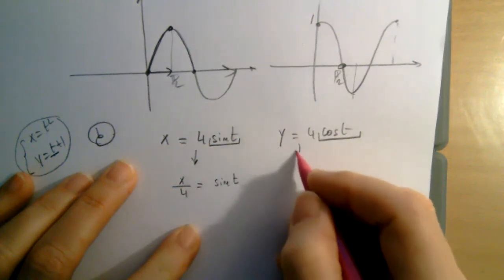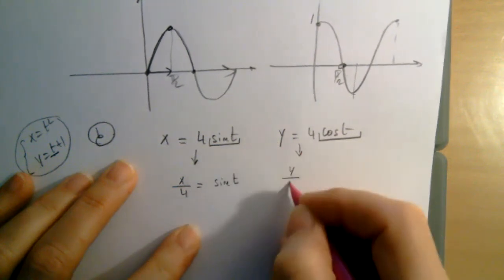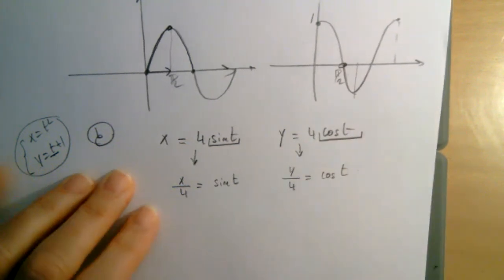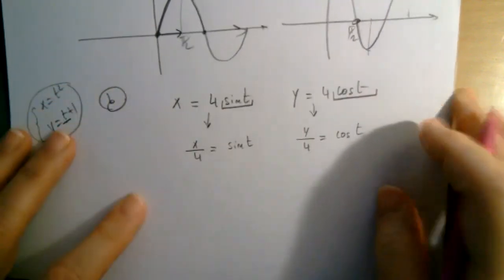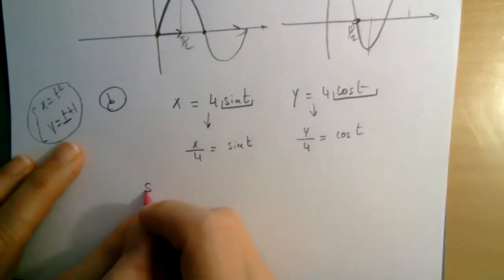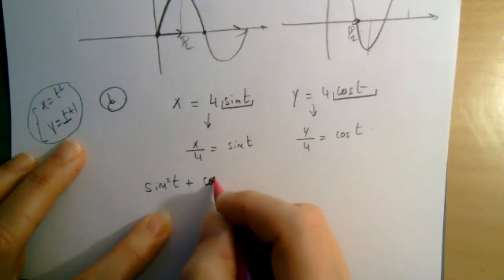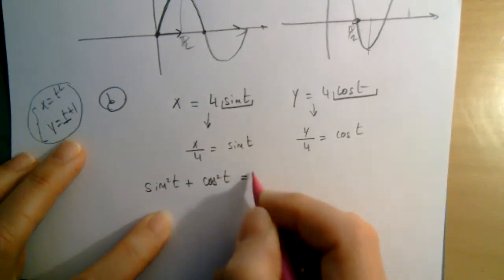And this will give me y over 4 is the cosine of t. Now I'm going to tap into the trig identity, which tells me that sine squared plus cosine squared of t is equal to 1.